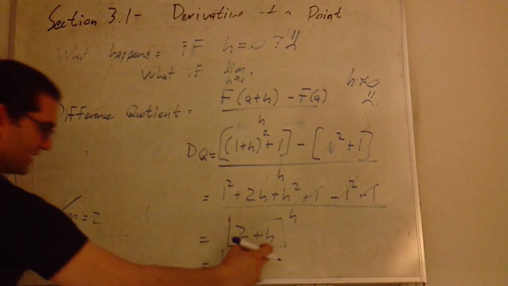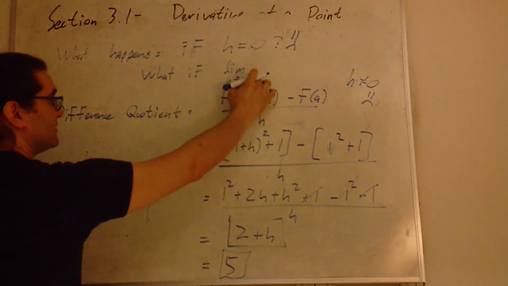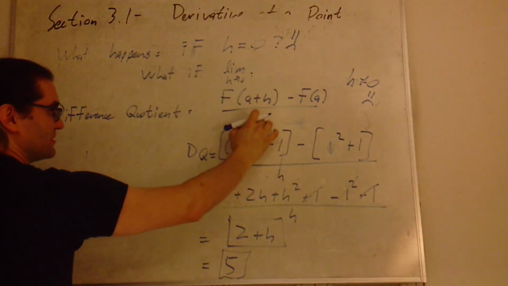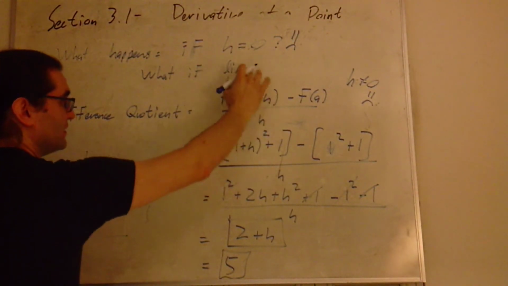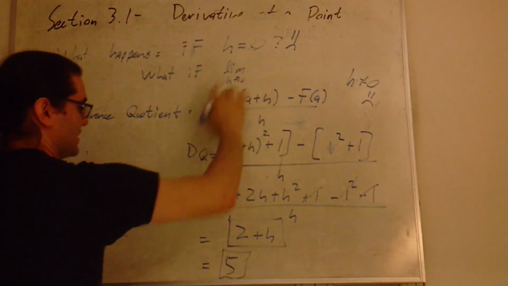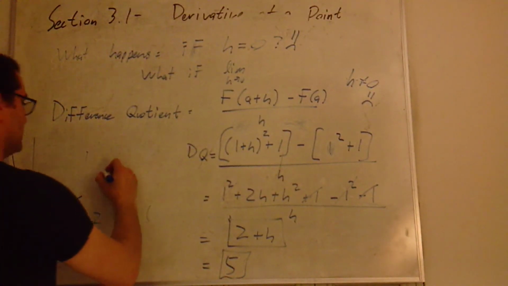And when you set h equal to 0 in the limit, it can't actually be equal to 0 because that's bad, but we can take the limit as h goes to 0 of this difference quotient to get this slope. This is the slope at 1 point. And it's called a derivative.